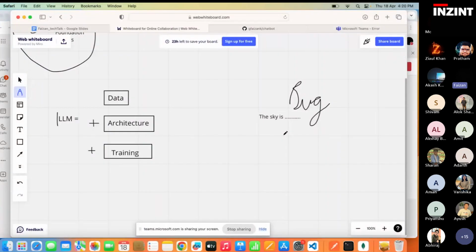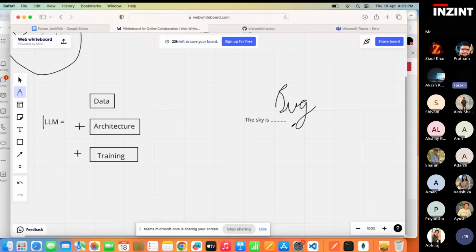The model keeps doing this, gradually improving its word predictions. With every question answered, or every sentence completed, it readjusts itself. It keeps on improving gradually. So this is a gradual process of training our LLM models.